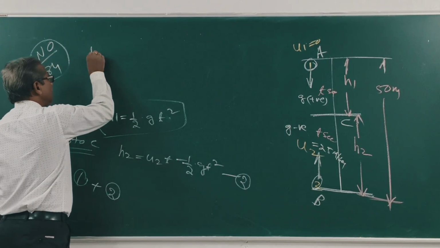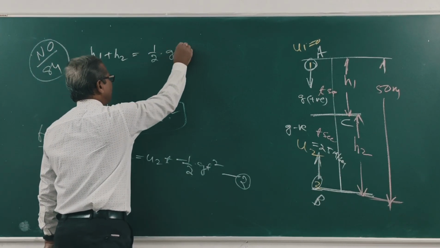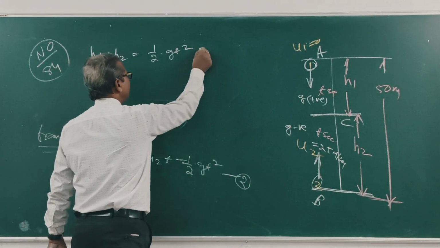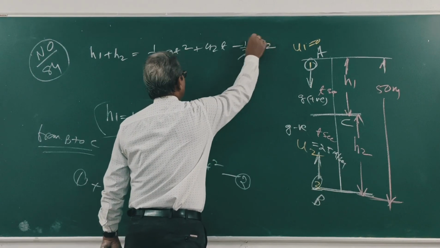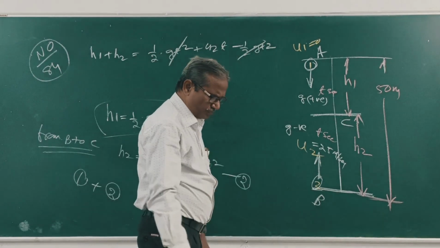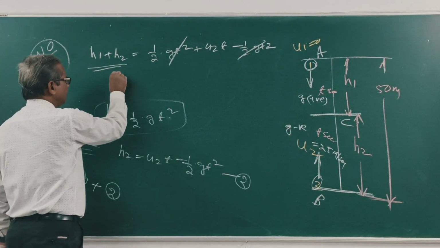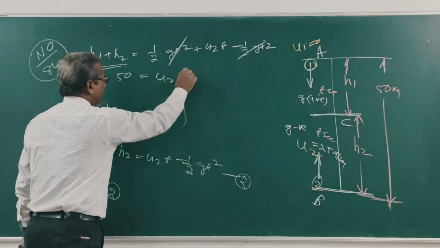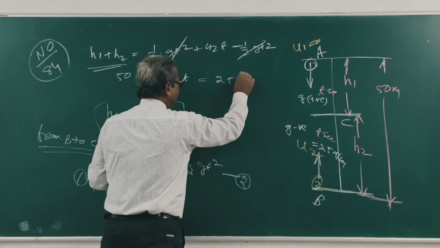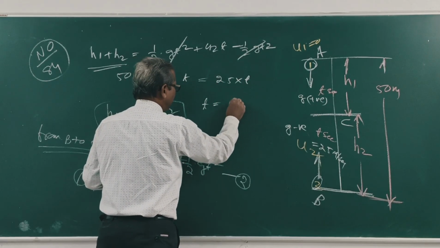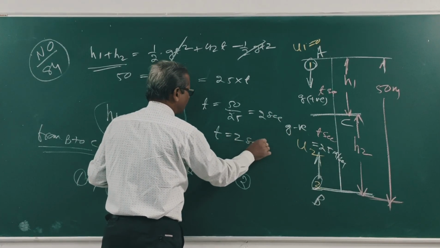H1 plus H2 is equal to half G T square plus U2 T minus half G T square. Half G T square cancels out. Right? What is H1 plus H2 equal to? 50. So 50 is equal to U2 T. What is U2? 25. This implies 50 is equal to 25 into T. What is T equal to? 50 by 25, 2 seconds. So T is equal to 2 seconds.